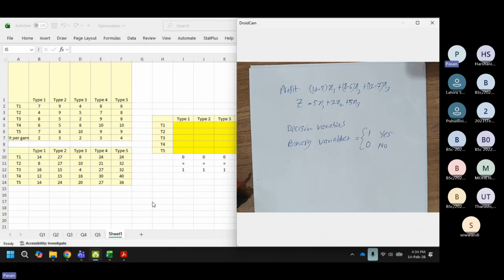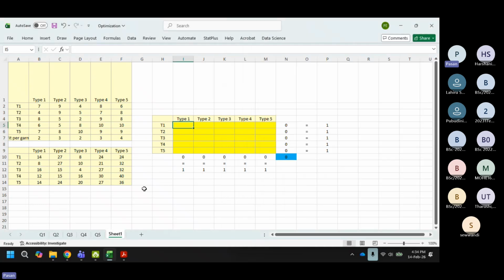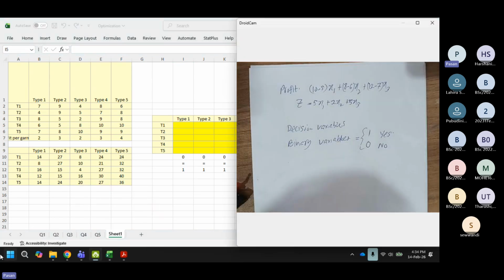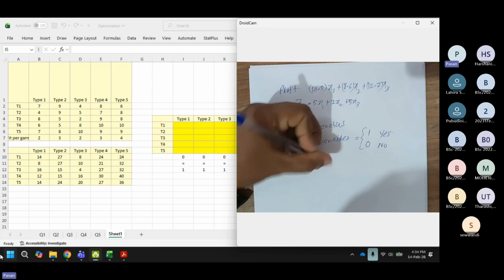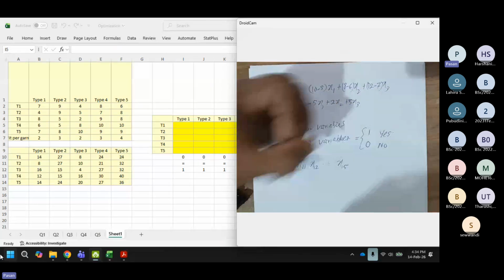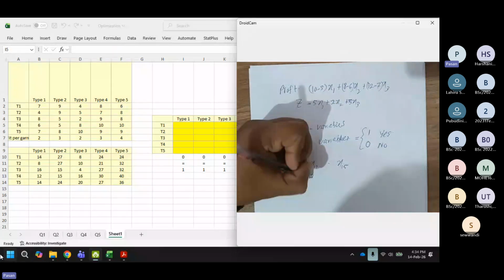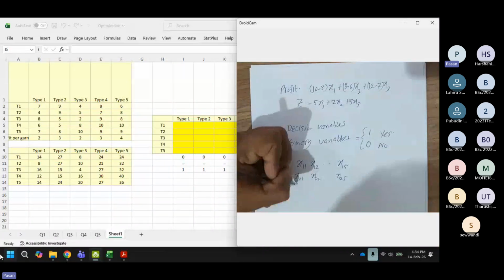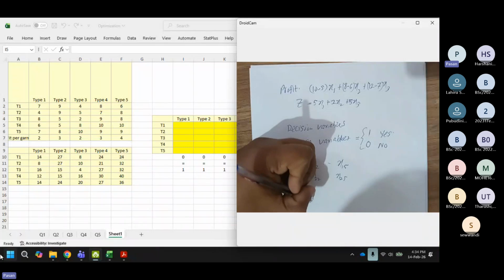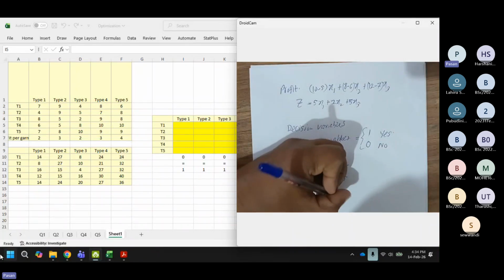So now I can define some binary variables here, for each cell. Basically I have x11, x12 up to x15, x21, x22 up to x25, and then x51 up to x55.